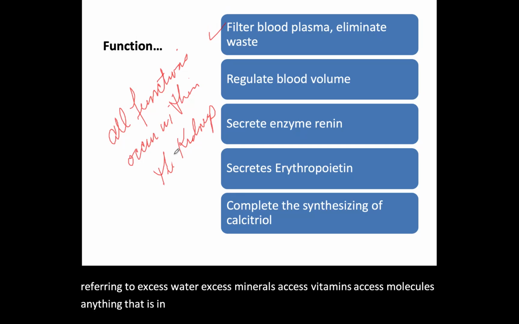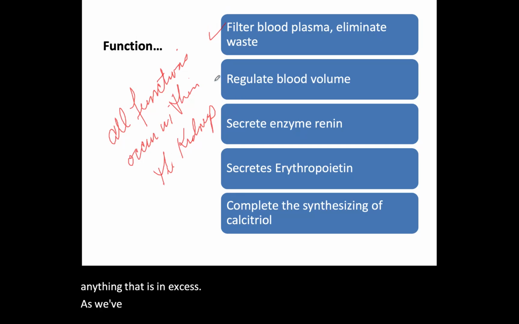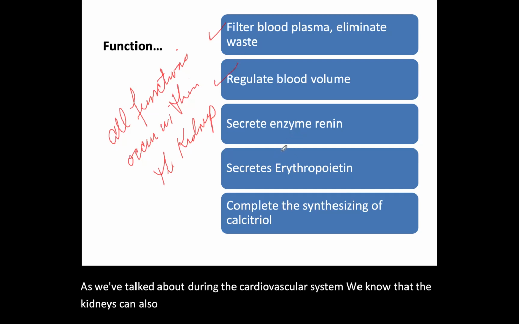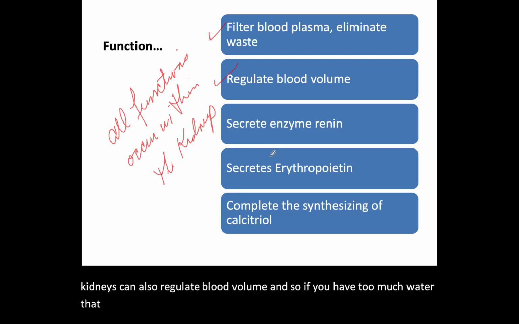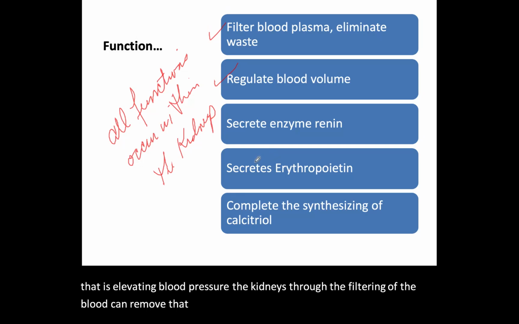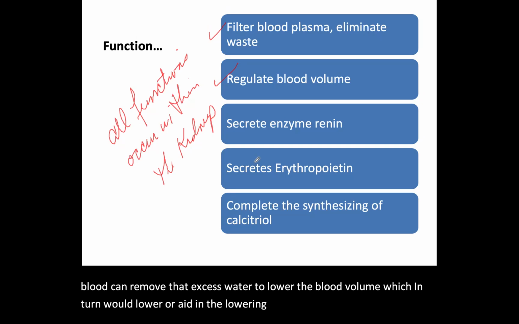As we've talked about during the cardiovascular system, we know that the kidneys can also regulate blood volume. If you have too much water that is elevating blood pressure, the kidneys, through the filtering of the blood, can remove that excess water to lower the blood volume, which in turn aids in lowering blood pressure.